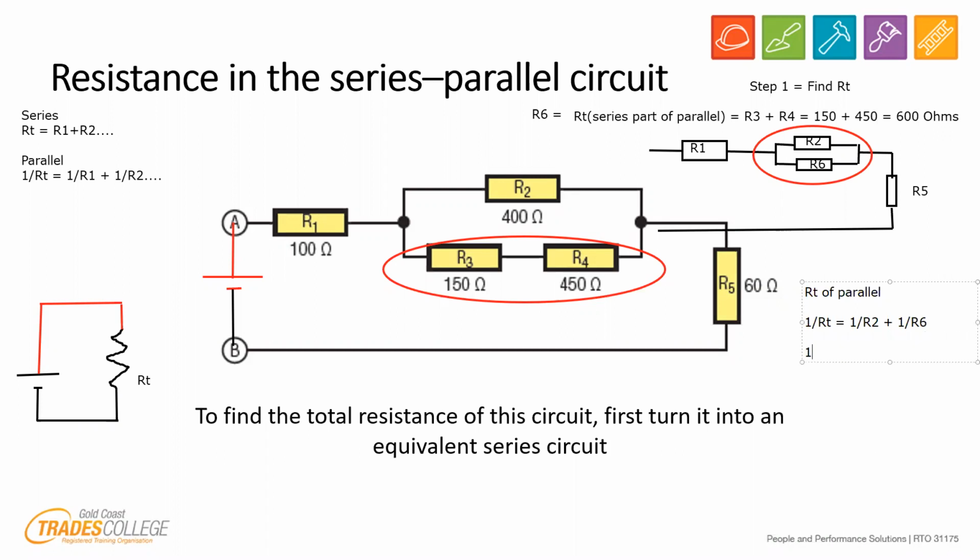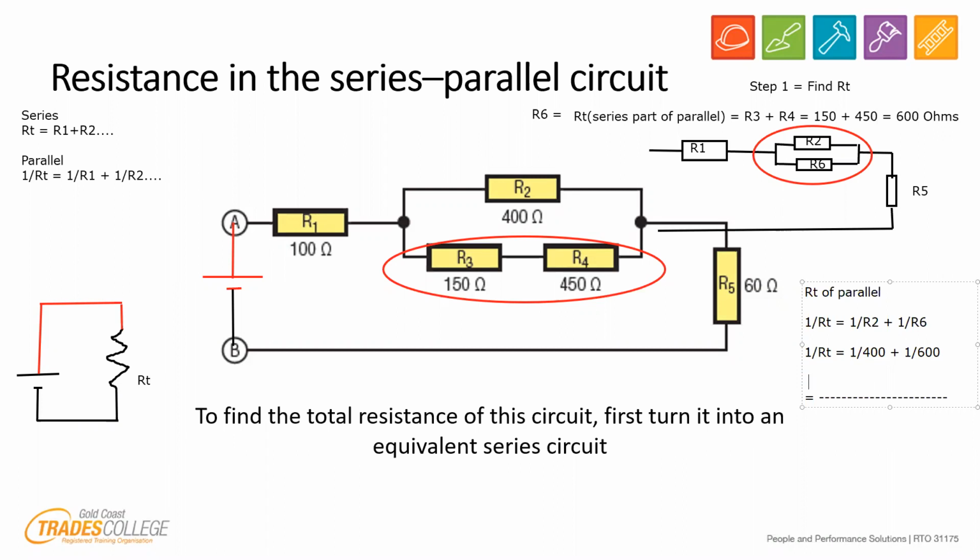So if we bring that down, it'll be 1 divided by RT equals, and then put our numbers in. So R2 is 400, and then plus 1 divided by 6, which was 600. Okay. So from here, you guys should all know how to do this. I'm going to do an equals, and then my long line.